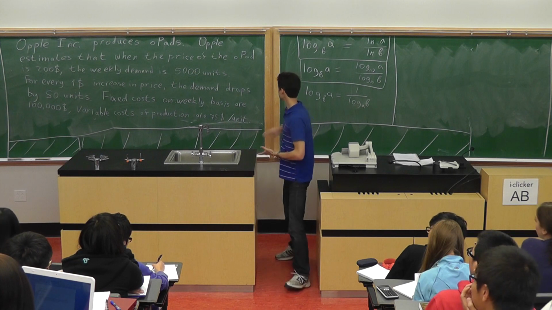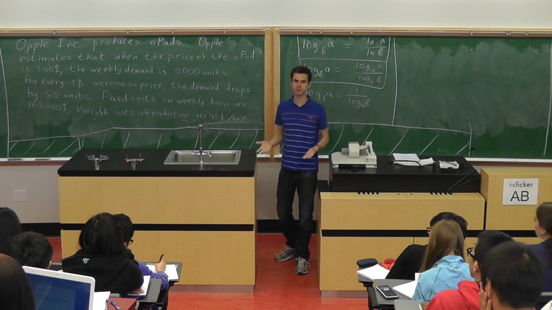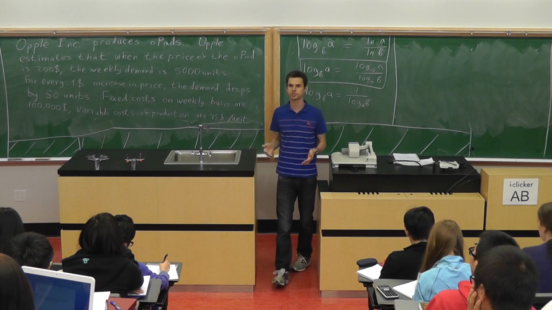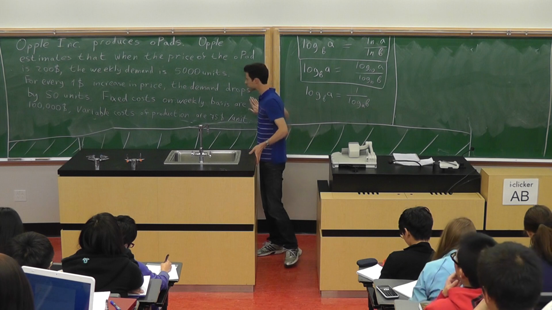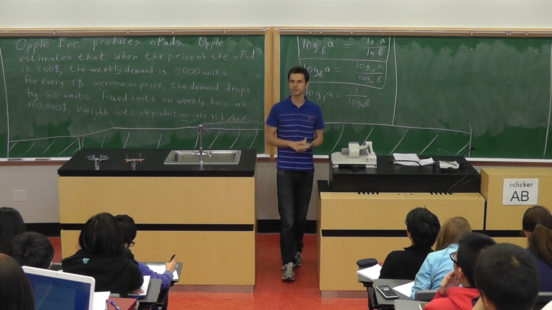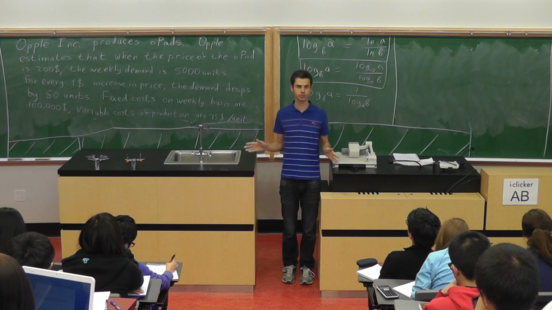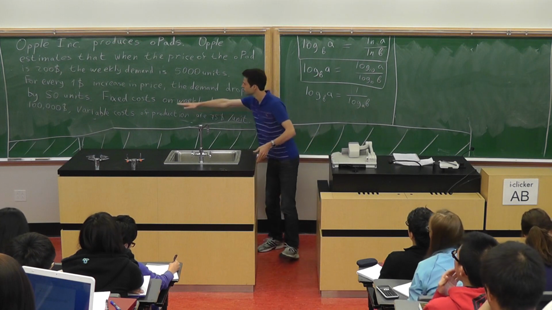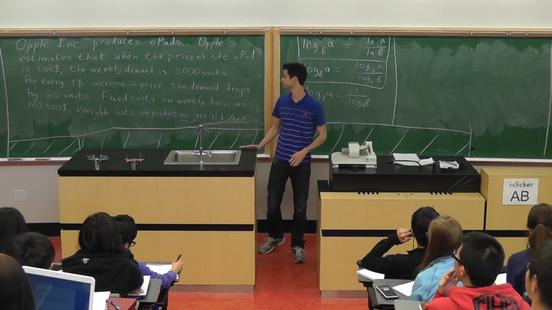Another component is that the company is producing something, it has maybe a plant, it has to operate this plant. So it turns out that just for a week of operating this plant, it doesn't matter how many units you produce, just for there being a plant, you have to pay $100,000 every week.